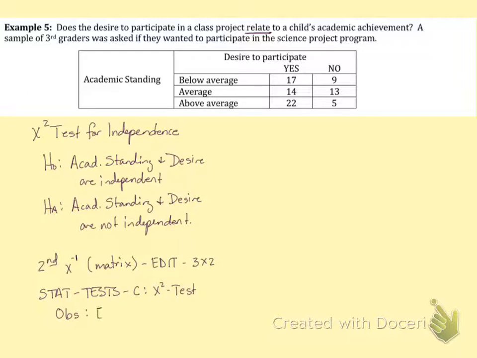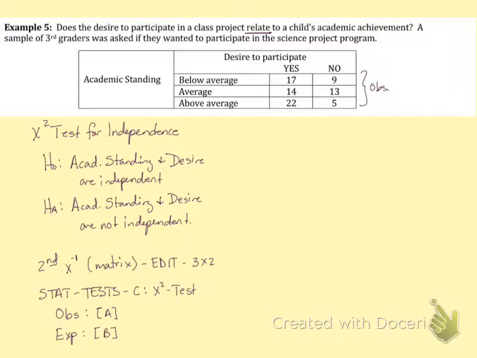We'll say matrix A, which is where we put our observed data. Our expected is in matrix B. Notice that we didn't put anything in matrix B. The calculator is going to do it for us.